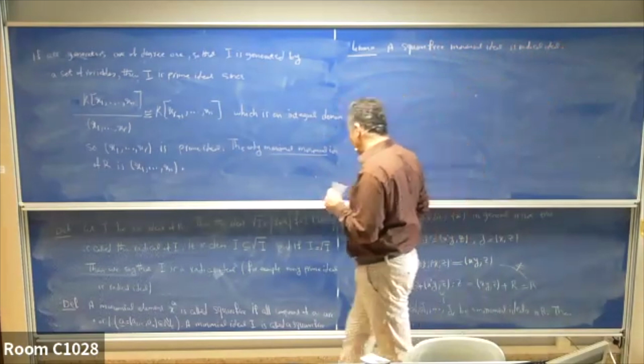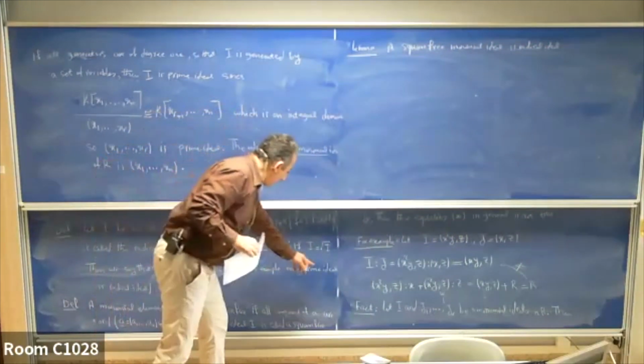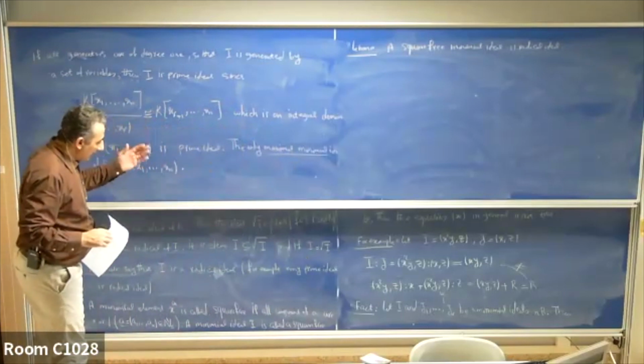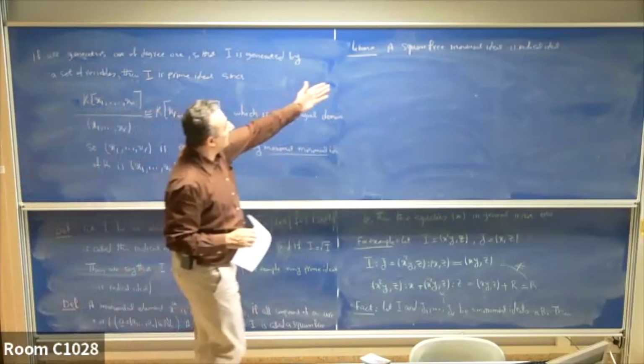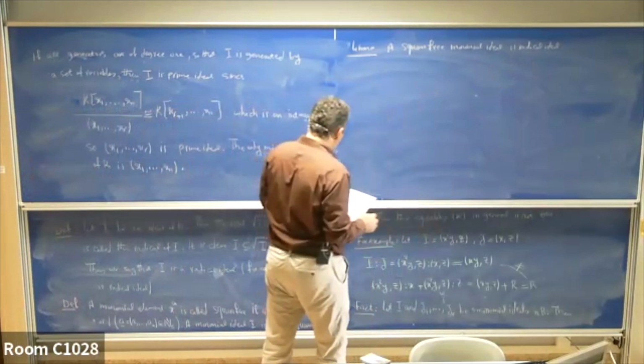In the previous session, I said that every prime ideal is a radical ideal, but not every radical ideal is prime. So, for example, a square free monomial ideal is a radical ideal.